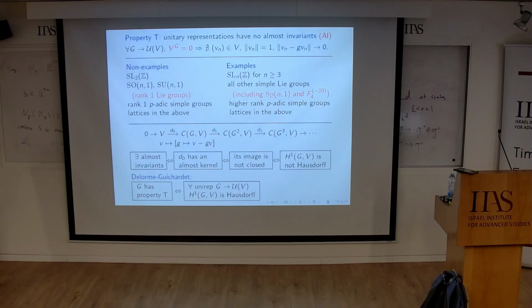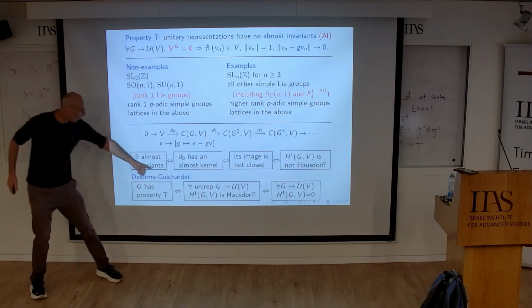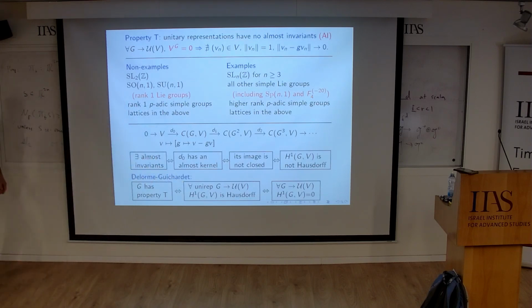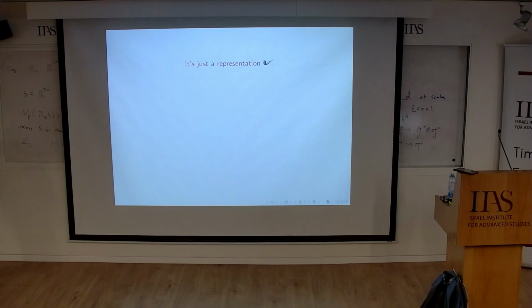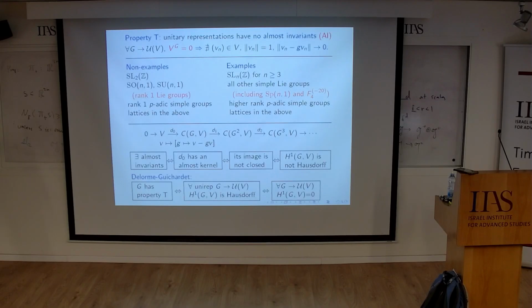And the following equivalence that I'm emphasizing now, that this is equivalent to H1 vanishing all the time, is not a triviality. This equivalence does not hold for any single unitary representation, but when you quantify over all of them, you have this equivalence, and this is the Delorme-Guichardet theorem.